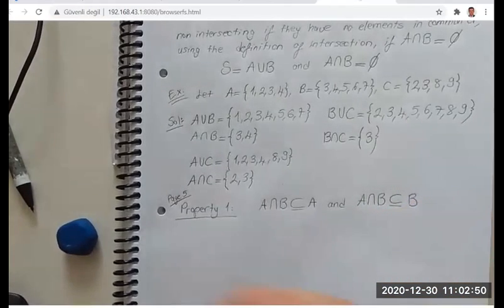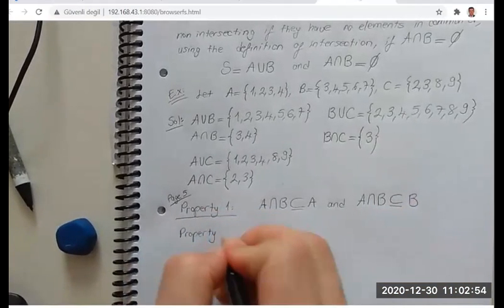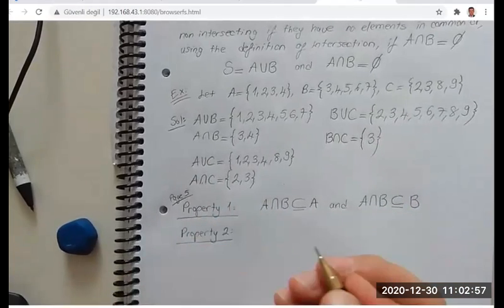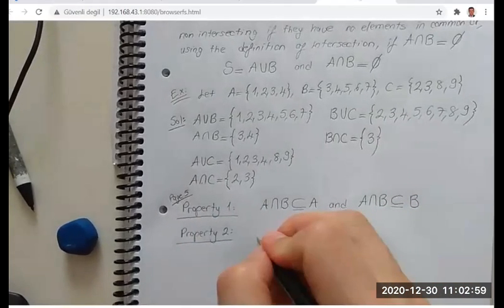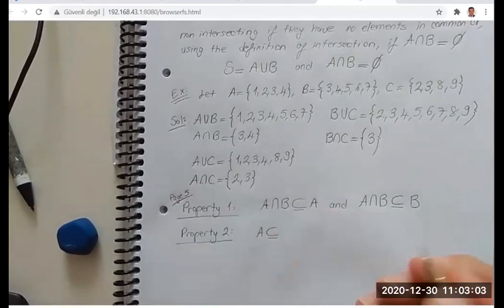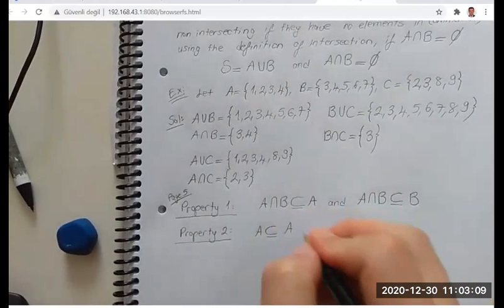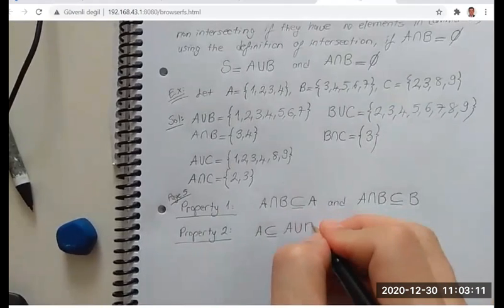So property 2: A is a subset of A union B. This is clear, right?